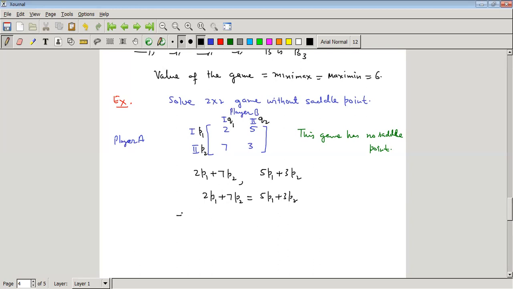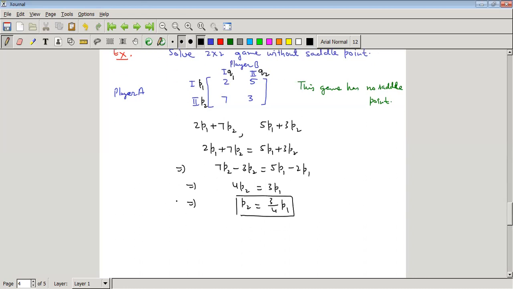This implies that 7P2 minus 3P2 is equal to 5P1 minus 2P1. This implies 4P2 is equal to 3P1, or we get P2 is equal to 3 by 4 P1.